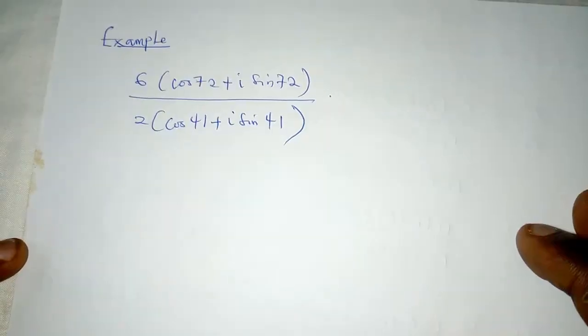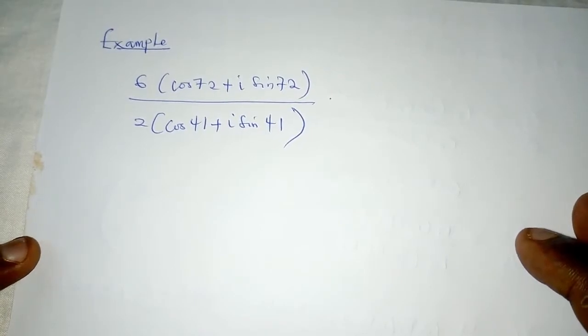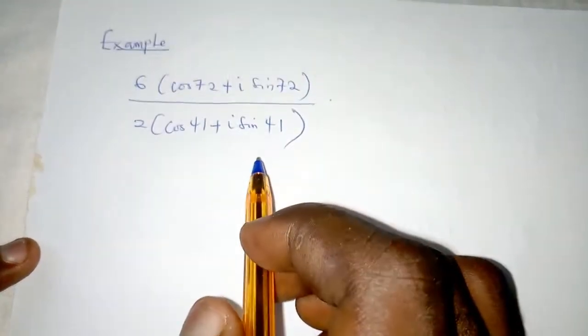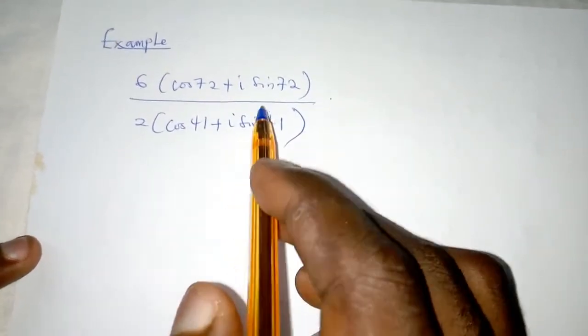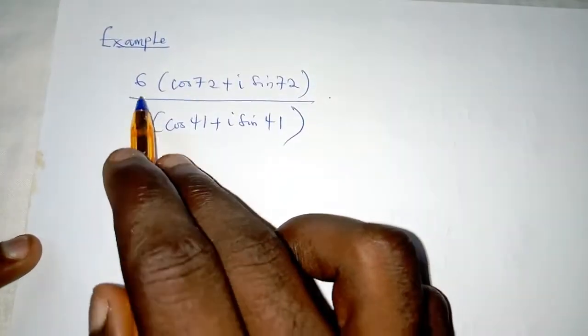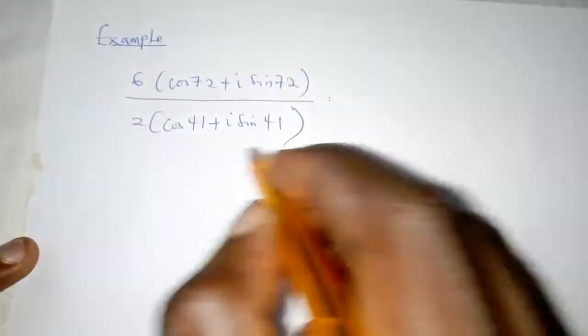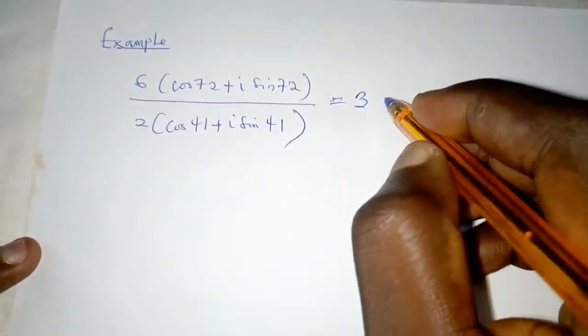As simple as that. So now we have this example here, and we have to divide. As we've already seen, these are two polar complex numbers. So in division, just divide the two radii, then subtract the angles. What we get is 6 divided by 2, which gives us 3.